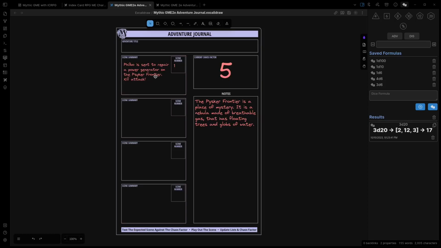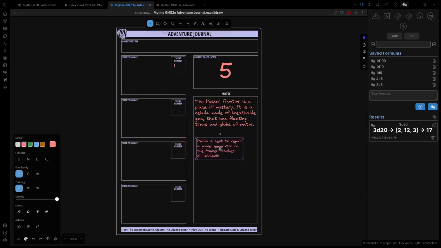So this scene is, it's too vague. I need to have my scene have a purpose. Being sent to repair a power generator on the frontier is too vague. So let's make it, we'll put this down here for now.